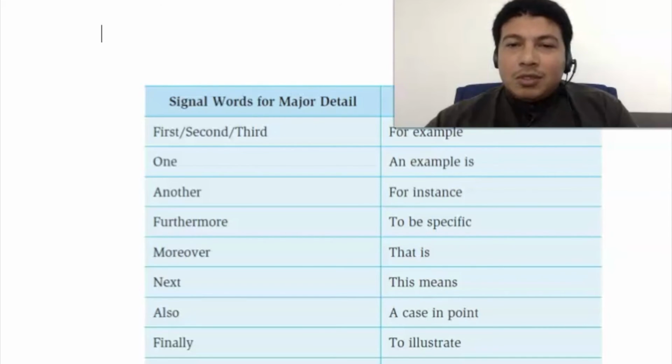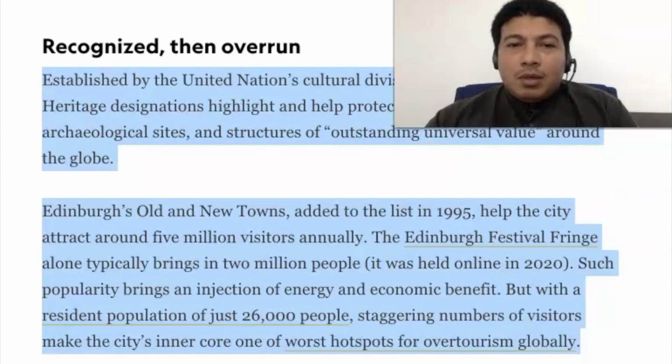So this would signal details in a piece of writing, in a paragraph or in an article. Not all paragraphs, however, will use signal words, but that doesn't mean locating the supporting detail is difficult.